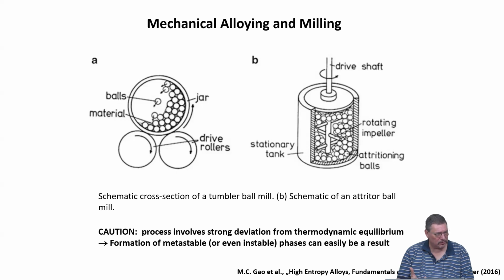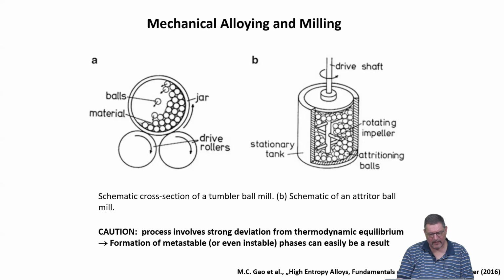Local temperatures could become very high with associated very high cooling rates. So the whole material is in a non-equilibrium state, very far away from equilibrium. And so you could get metastable phase formation, amorphization, and so on occurring.